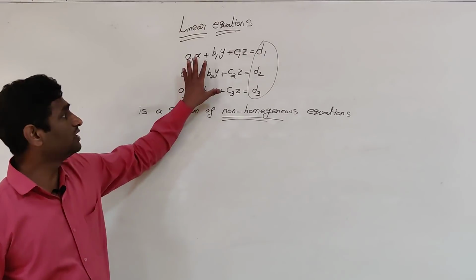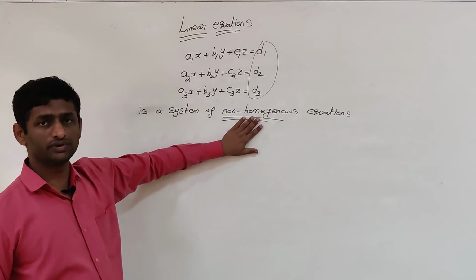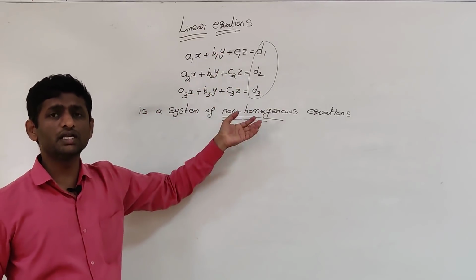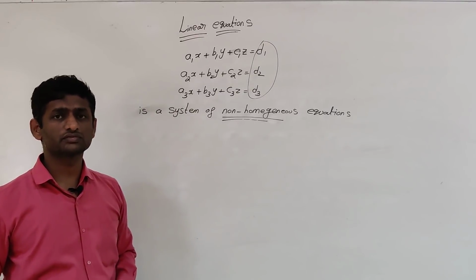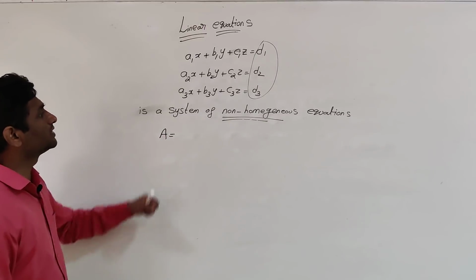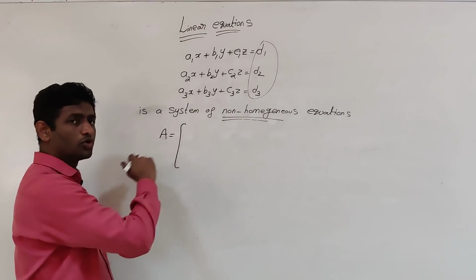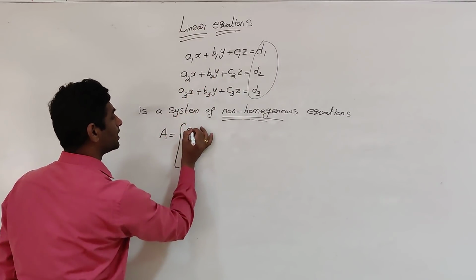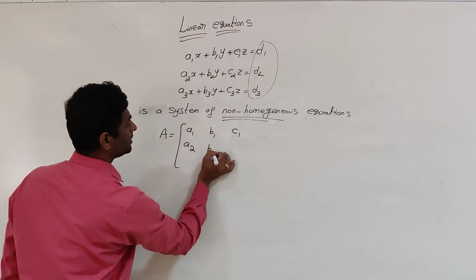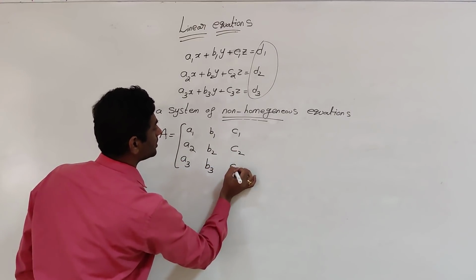Now we will go for a system of non-homogeneous equations, and these equations can be written as a matrix equation where A is a coefficient matrix, meaning taking all the coefficients of x, y, z, written row by row: a1, b1, c1, a2, b2, c2, a3, b3, c3.